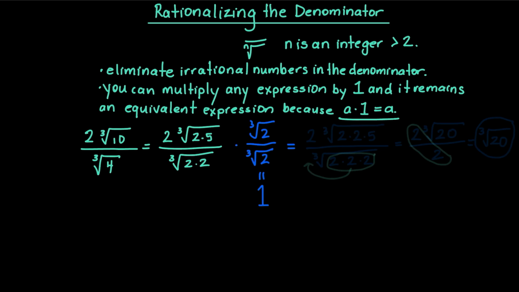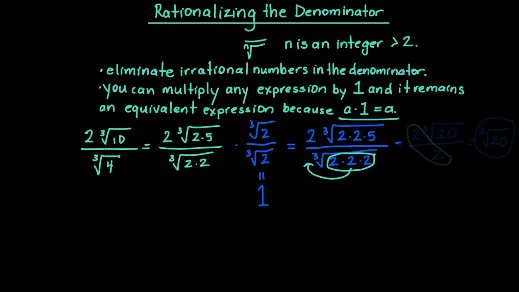So now at the top, we have 2 times the cube root of 2 times 2 times 5 all over the cube root of 2 times 2 times 2. In my denominator, I now have a triplet of 2's that can come out of my radical.